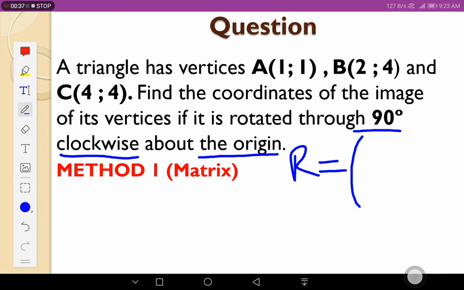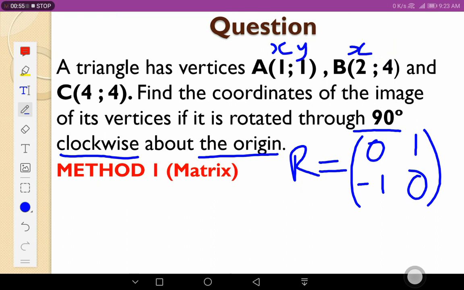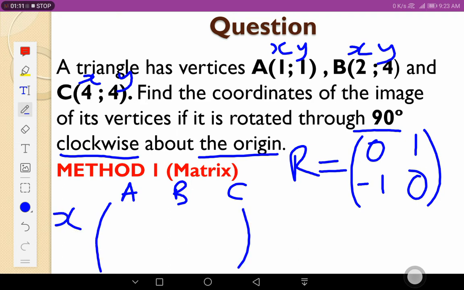through 90 degrees is 0, minus 1, 1, and 0. Then when we have that, we can now write our triangle in the form of a matrix, whereby I'll be taking the A values, this one will be X, Y, X, Y, X, Y. So I'll write my matrix with the vertices A, B, C, with the first row being the X values and the second row being the Y values.